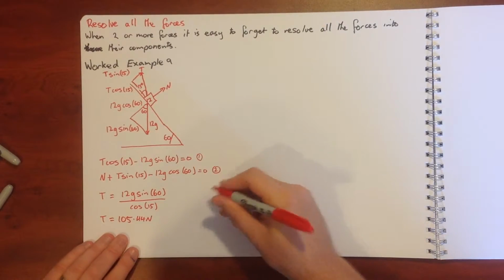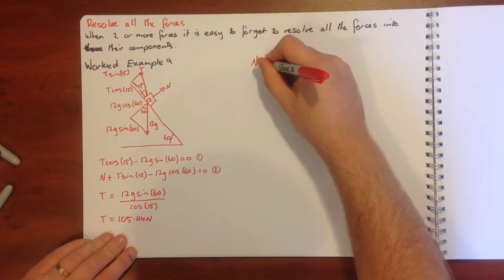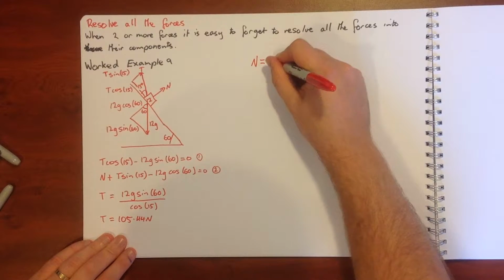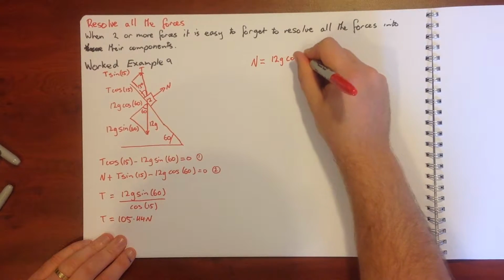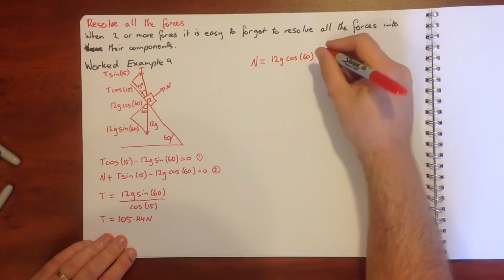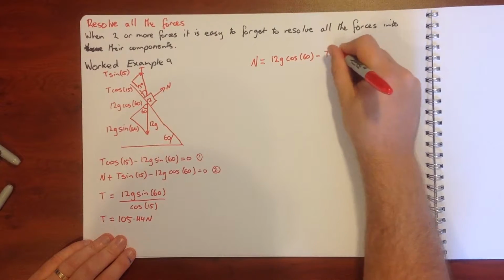Now we can work out what our normal force would have to be because we know what T is. So we know our normal force has to equal our 12G cos of 60 minus T sine of 15.